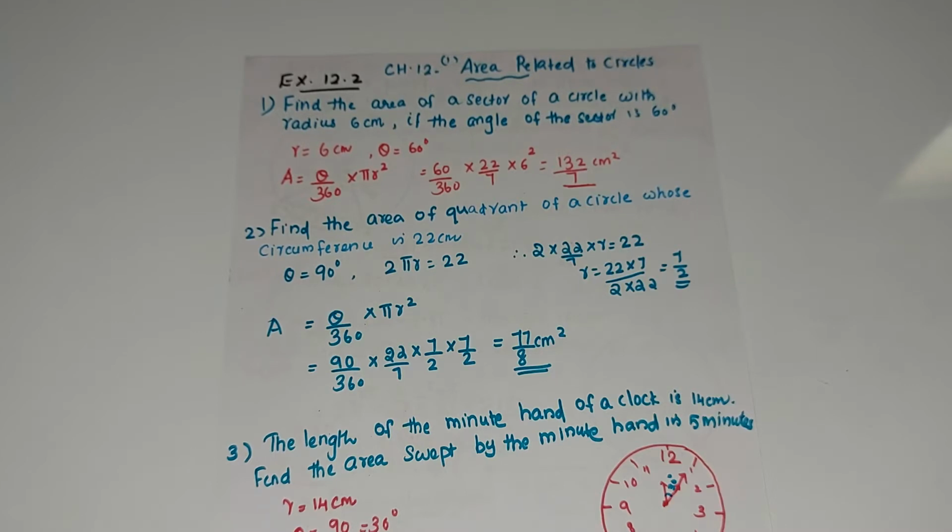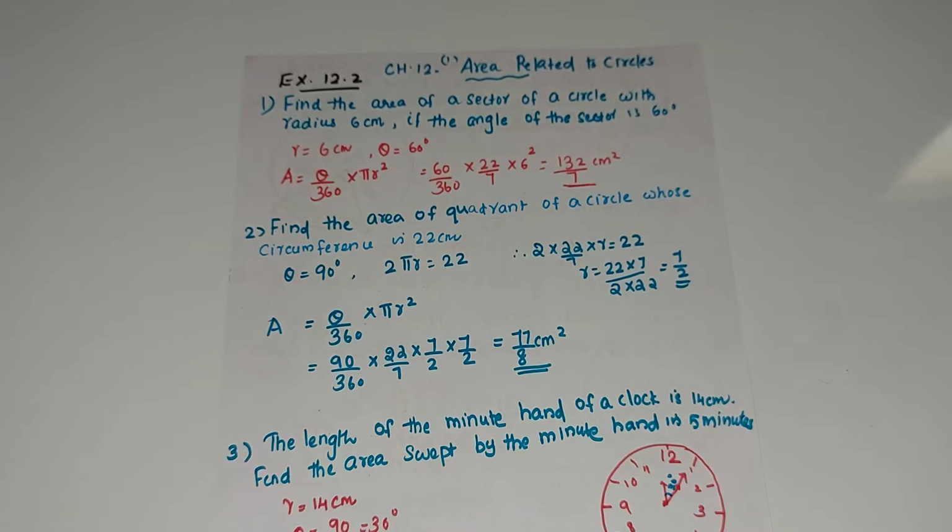So here, the area of the quadrant of a circle whose circumference is 22 centimeter. Therefore the quadrant is a sector, so we can use the formula area equals theta by 360 into pi r square. But here theta is given, but r is not given.